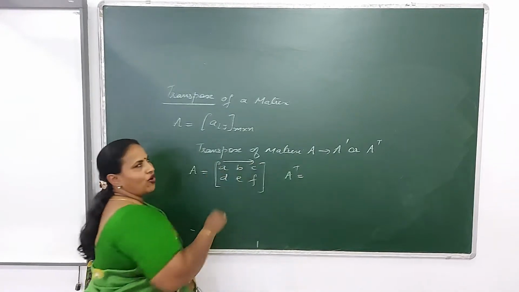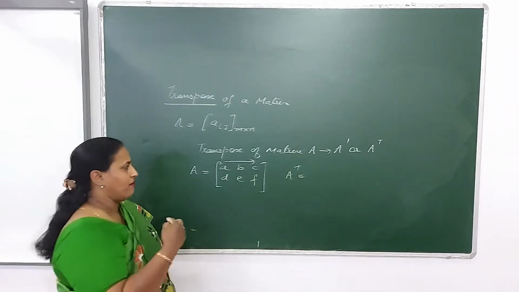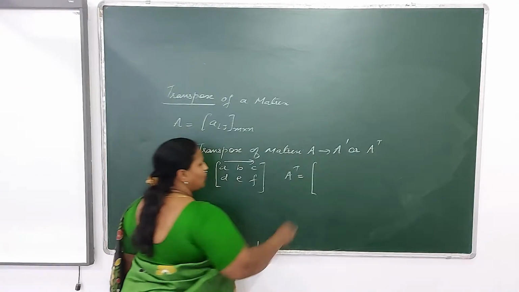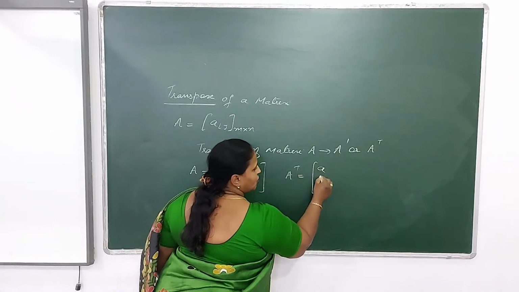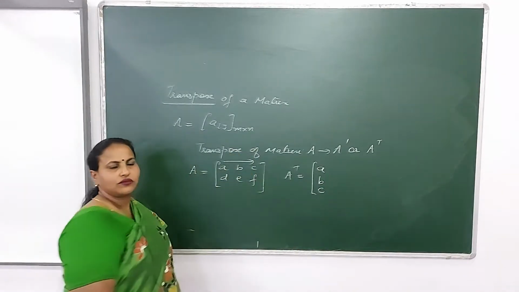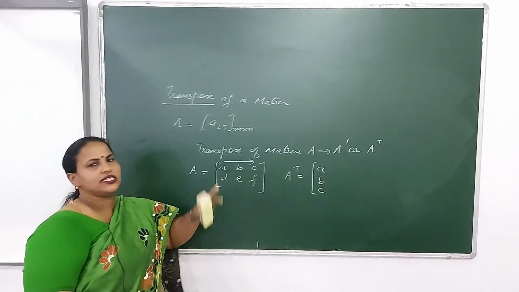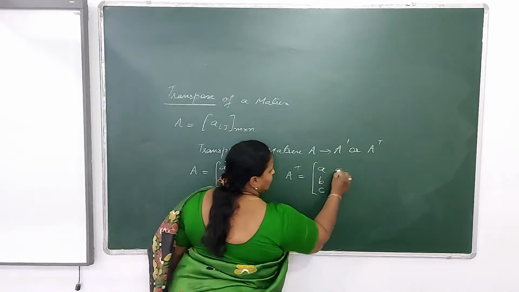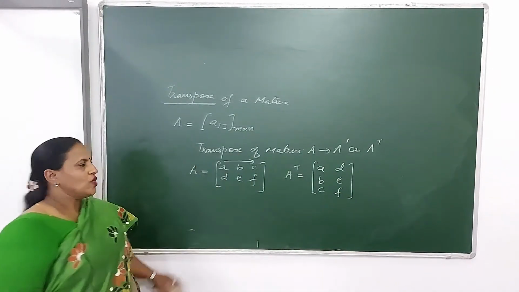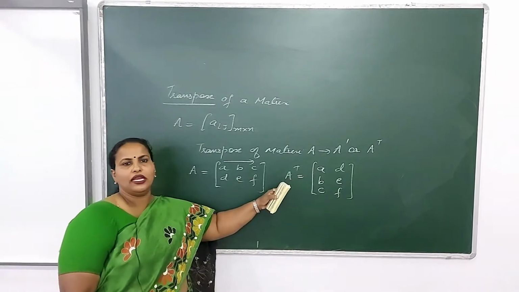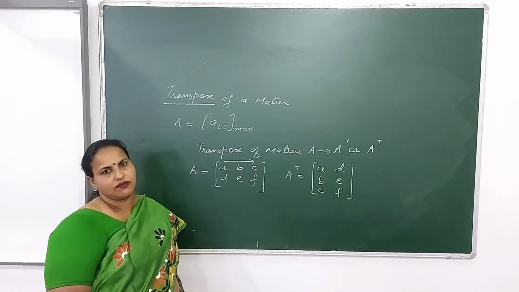So let us go for changing row to column. The very first row is ABC. Let us make it as the first column. The second row is DEF. So this is DEF. So this is how you will be obtaining the transpose of a matrix.